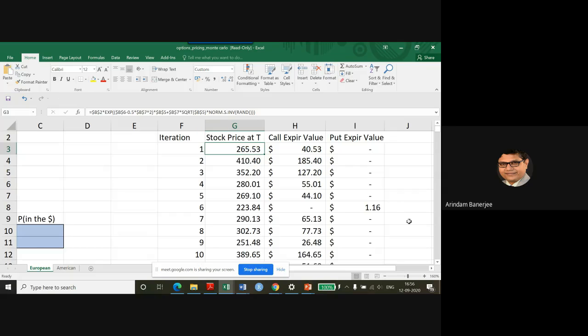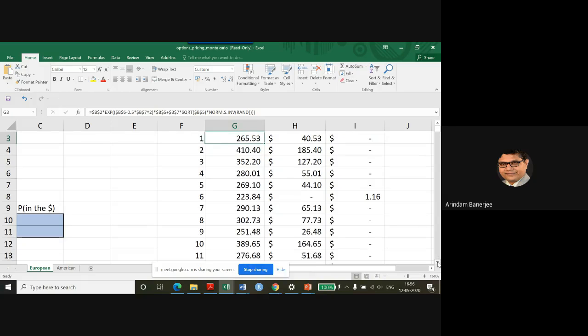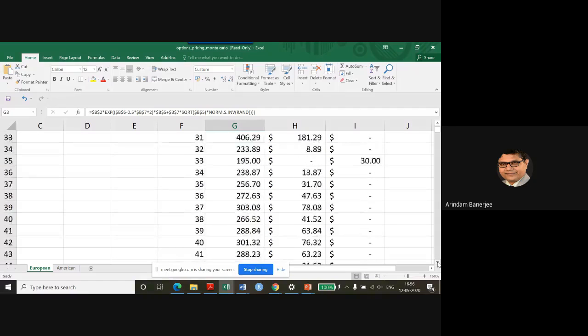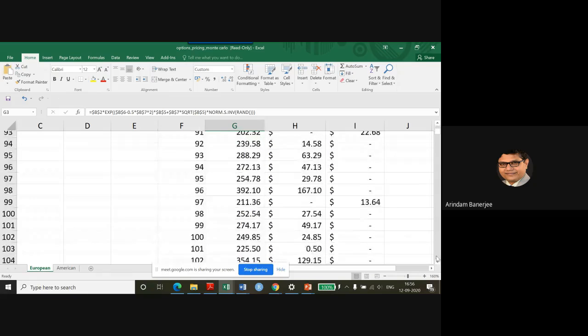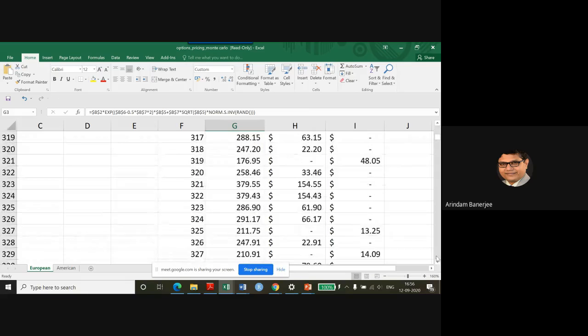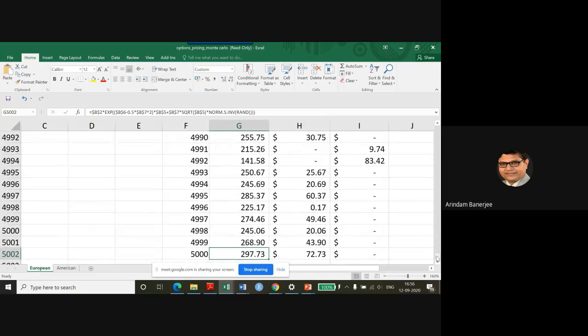Now, how many times has it been iterated? Let's check. It is iterated 5,000 times.